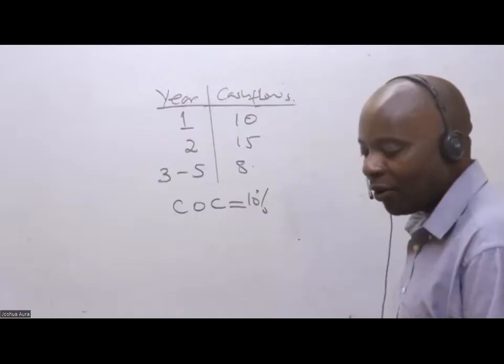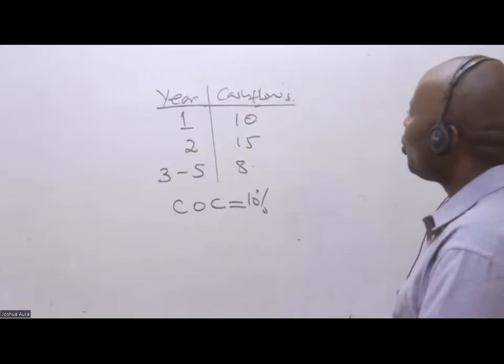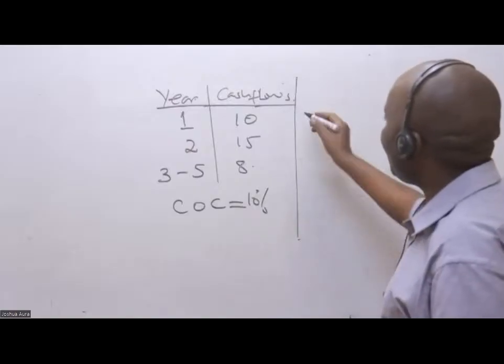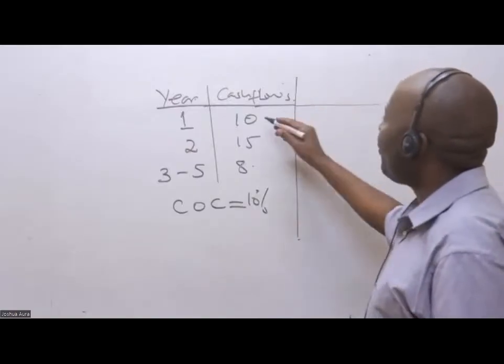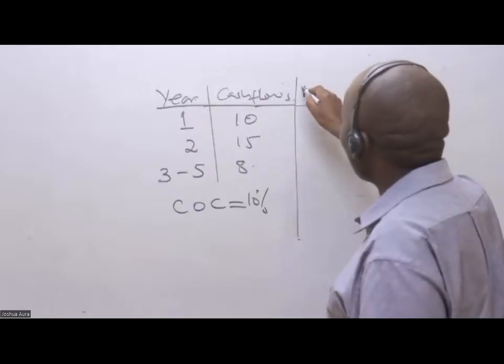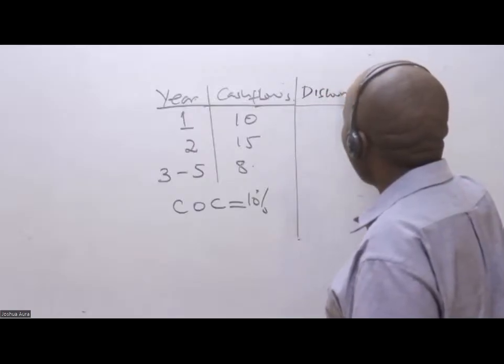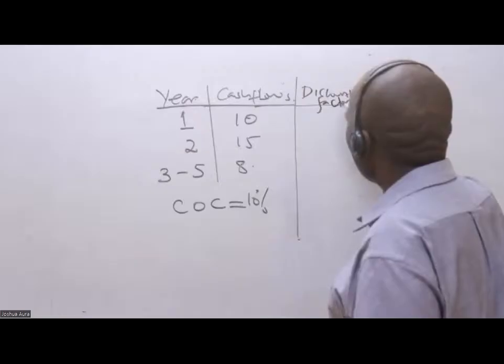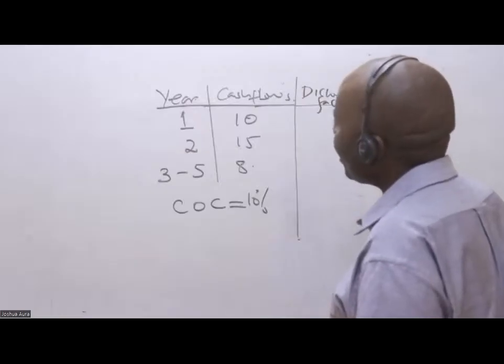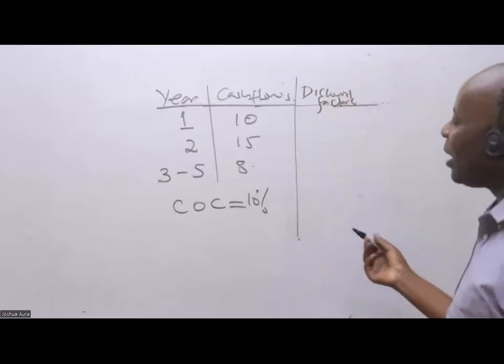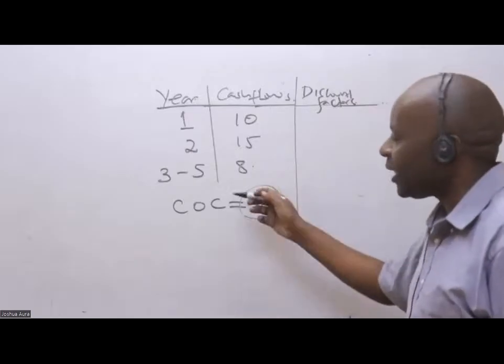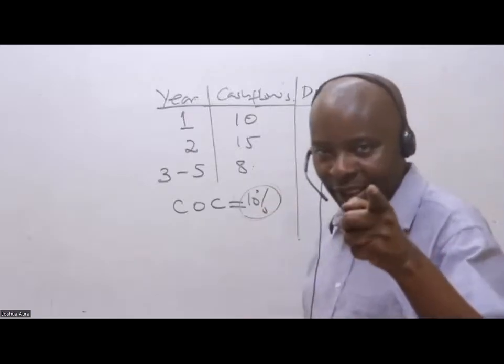For year 1 all the way to year 2, I will use PVIF, which gives us the discount factors. Fortunately, for 10%, we have 10% in our tables, isn't it?